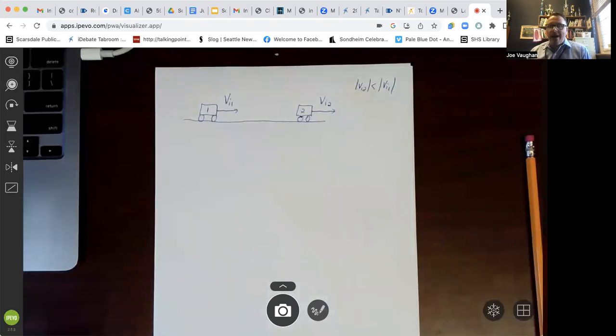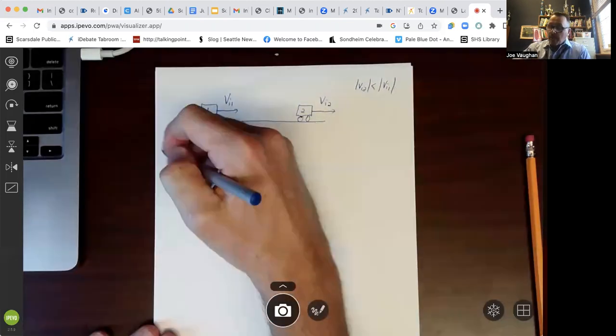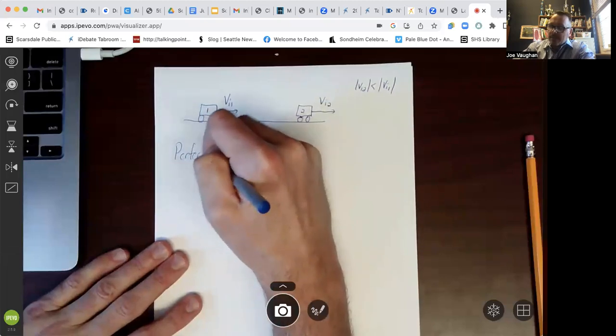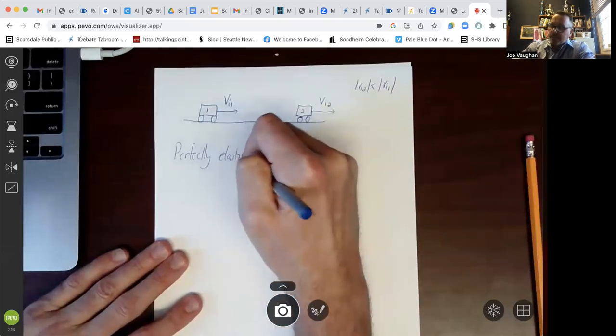But in order for them to collide elastically, what we have to do is consider the nature of the interaction forces that happen when one hits into two. So the important thing is we're going to describe something called a perfectly elastic collision.